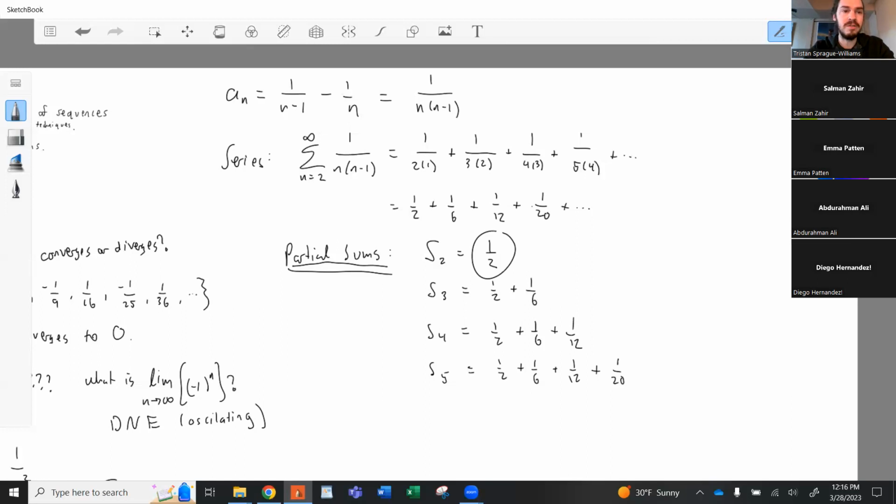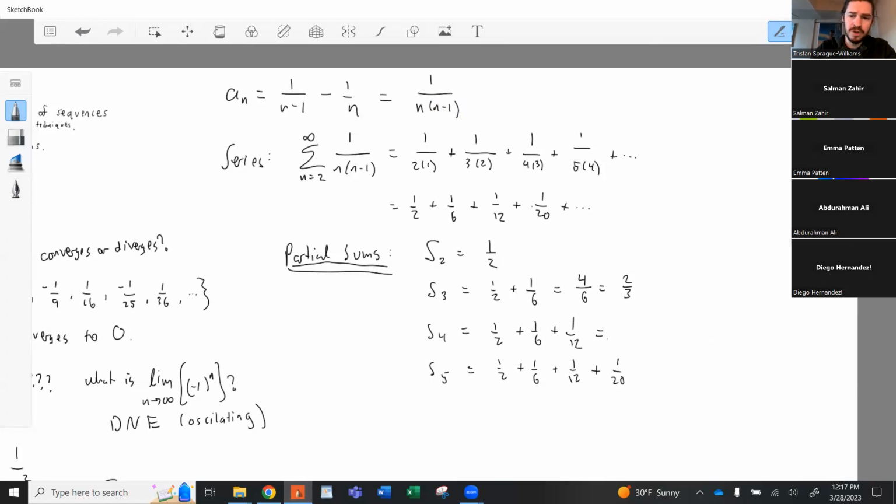It's ignoring everything else. But then the second number, a half plus a sixth, would be 4/6 or 2/3. That is your next slightly better approximation of the series, right? Because it's the first 2 terms added together, and the error, which is everything you left out after the first 2 terms, is smaller.